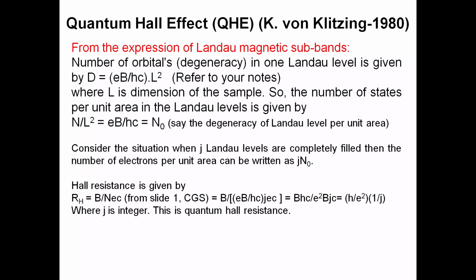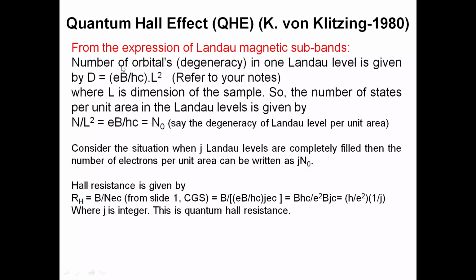And suppose that now the number of electrons up to the Fermi level are distributed in the different Landau levels. Because we are changing B, we are changing the degeneracy of the energy levels.